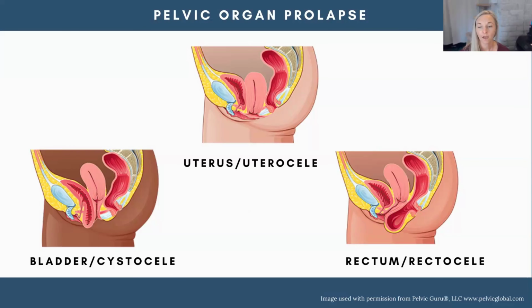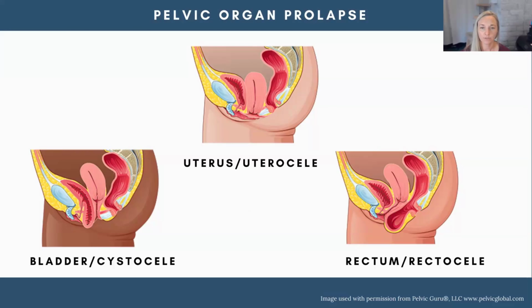Or for males, they might feel it lowering into the perineum, so that space between the rectum and the scrotum. Those are examples of what some symptoms might be. There doesn't always have to be pain with this or leakage, but sometimes it can be associated with bladder leakage or bowel leakage as well.